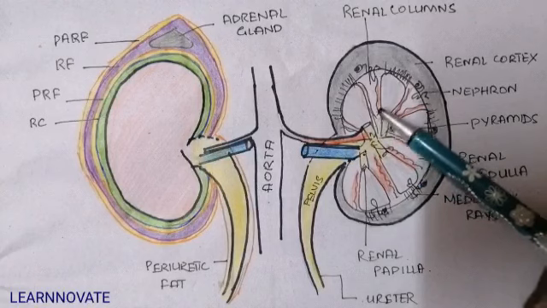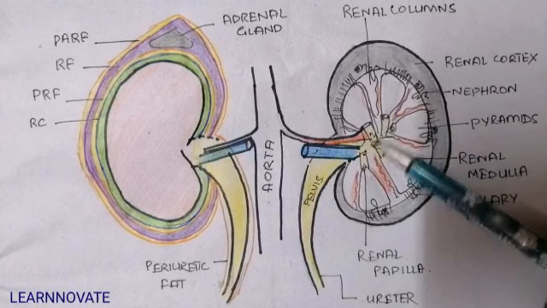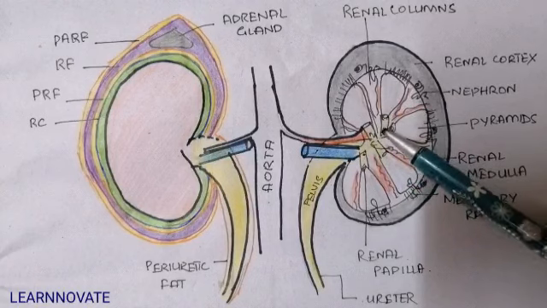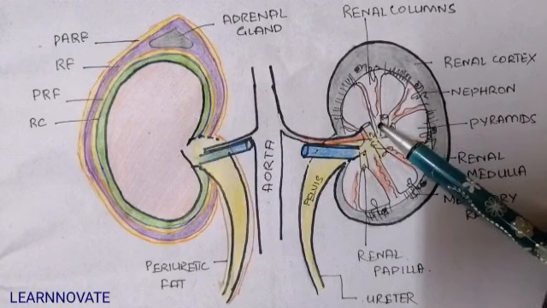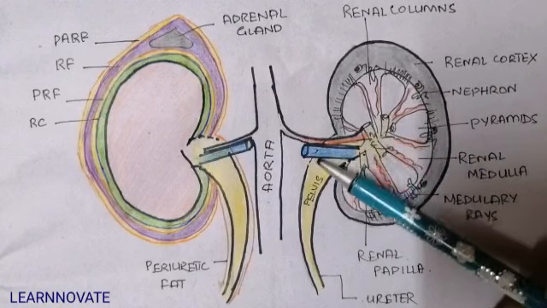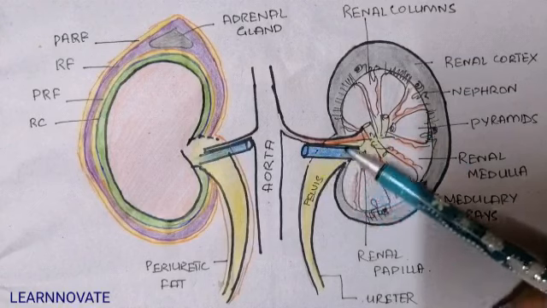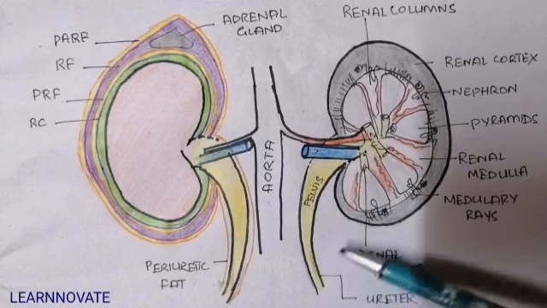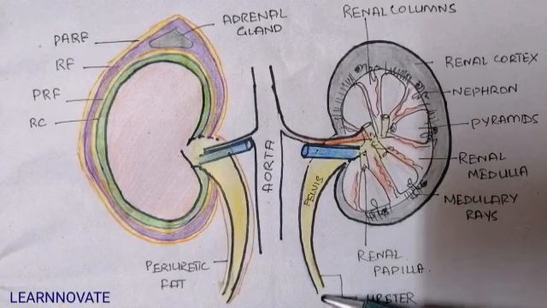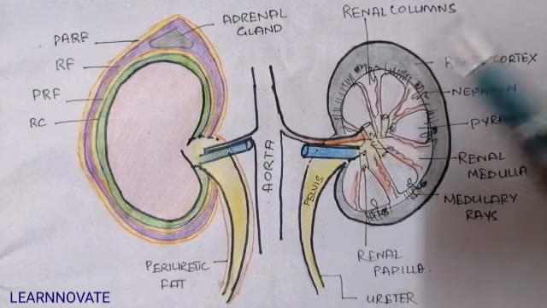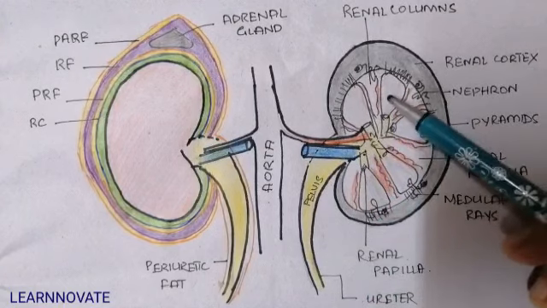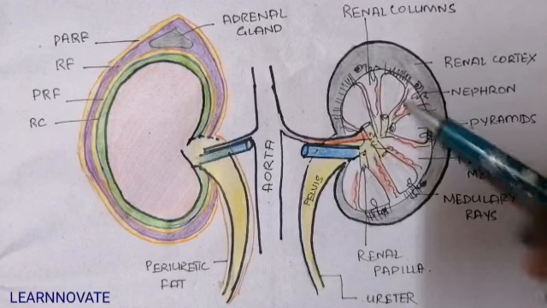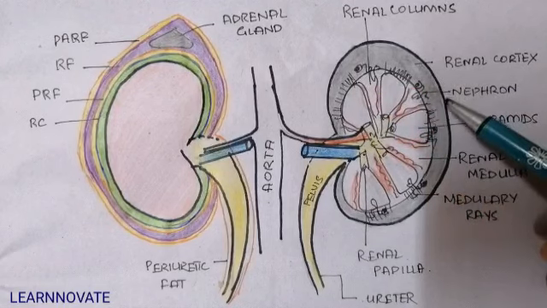The papilla are the excretory area where the urine forms and passes into the minor calyces. The minor calyces join to form the major calyces, which then enter the pelvis of the ureter. From the ureters, the urine goes to the urinary bladder. The function of urine formation takes place through the pyramids, and the nephrons may dip down into the medulla.